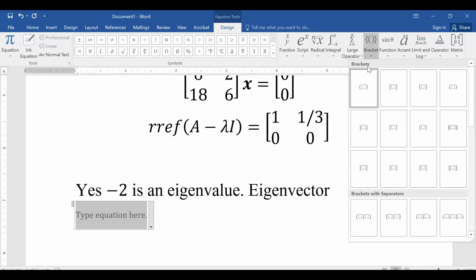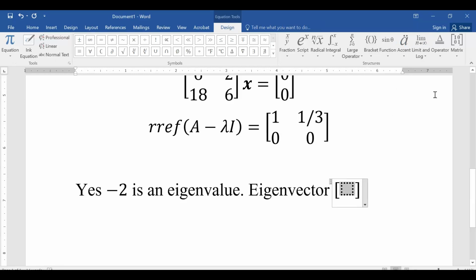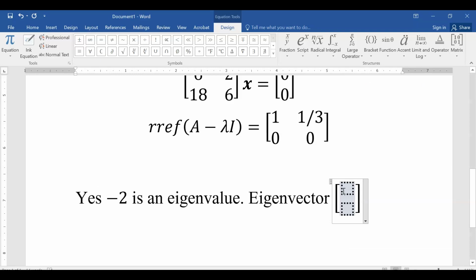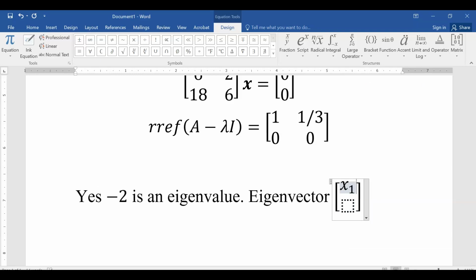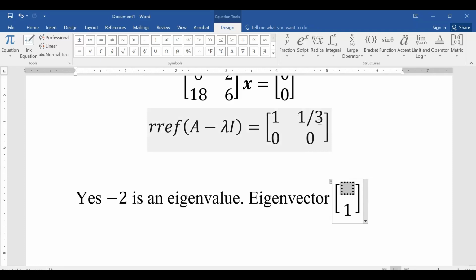Let me restate this. I apologize. x1 is the first entry, x2 is the second entry. If I look at this homogeneous solution, we'd say x1 plus 1/3 times x2 equals 0. So x2 is a free variable. I'm just going to let that be 1. And if I let x2 be 1, x1 has to be negative 1/3.